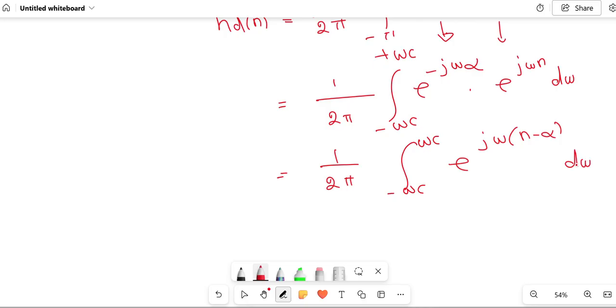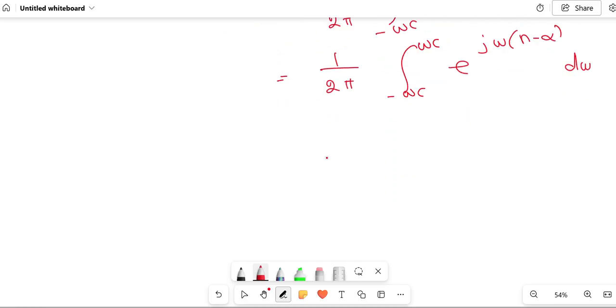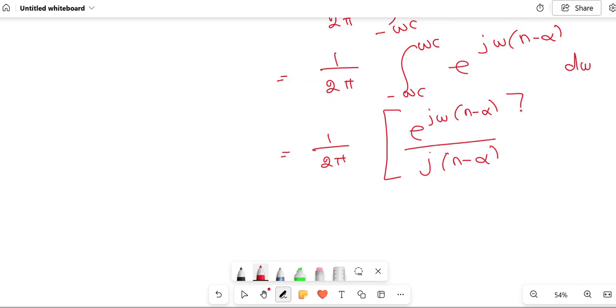Okay, the next step, take common terms, then 1 by 2 pi. If you integrate, you will get e power j omega n minus alpha divided by j into n minus alpha, with respect to d omega. So the limits are plus omega c and minus omega c.